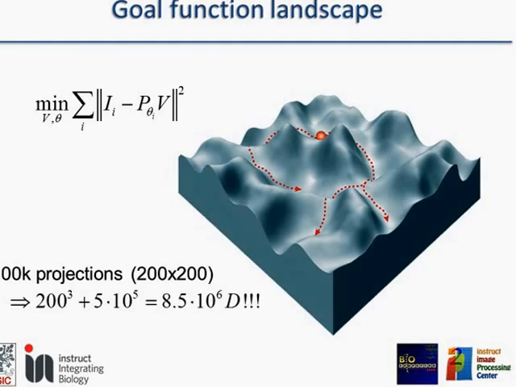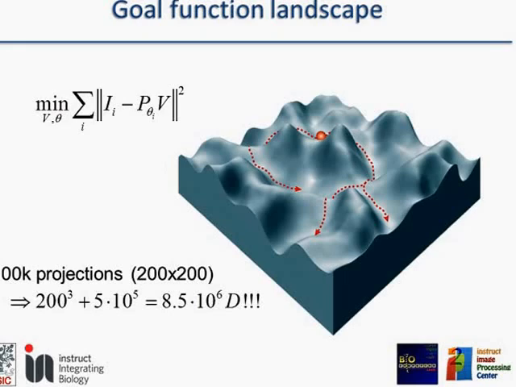So you have a function that you are minimizing. Normally it is the difference between your experimental projections and the reprojections of your volume. So this is your volume, you reproject with some angular parameters and some shifts, and this reprojection should be as similar as possible to your experimental projections. So the difference, in principle, should be just the noise.